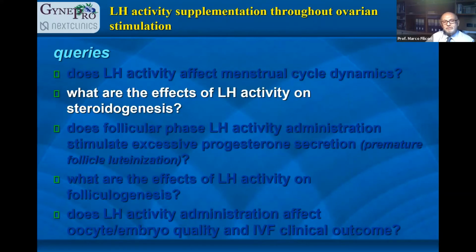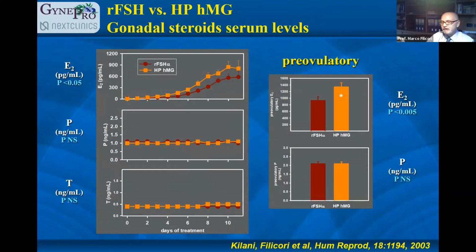Second question is, what are the effects of LH activity on steroidogenesis? And one effect is very clear, and that is that adding LH activity will increase the levels of estrogens you achieve in your stimulation. Again, this is a fixed dose FSH study. But even more important, and we'll be discussing this later on, is that you have no impact whatsoever on progesterone secretion.